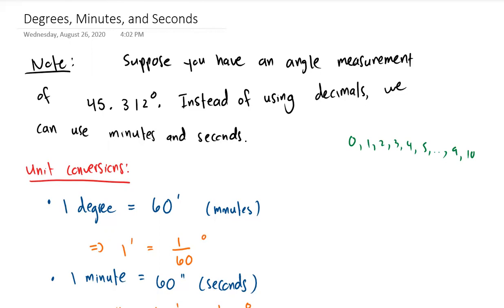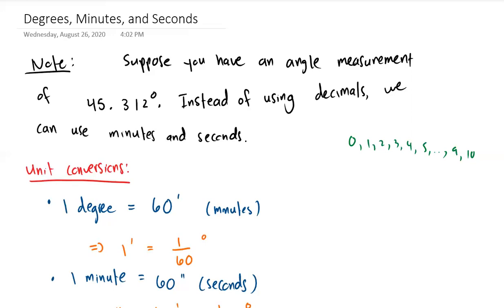For base 60, you're going to have to do 0, 1, 2, 3, 4, 5, 6, etc. Depending on where you study this, they might use different letters or symbols. But essentially, you would have to count from 0 all the way to 59, and then all those numbers would be the single digits in your base 60. So it's very interesting.